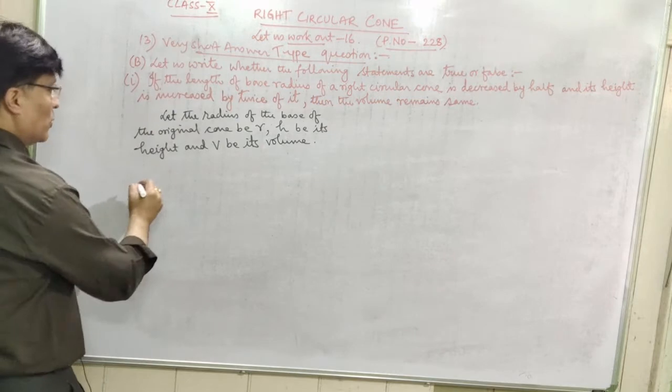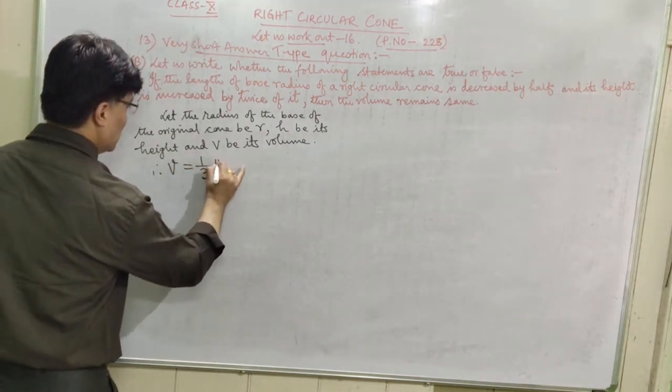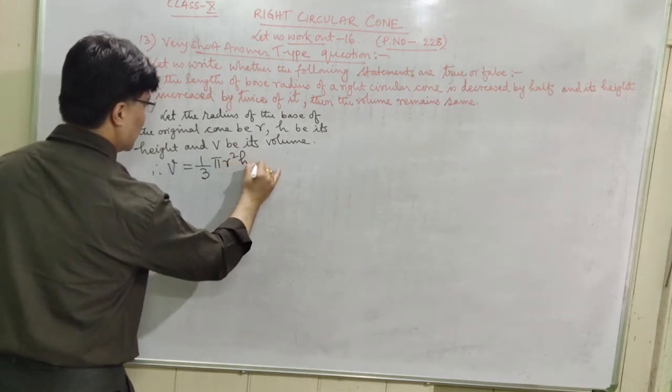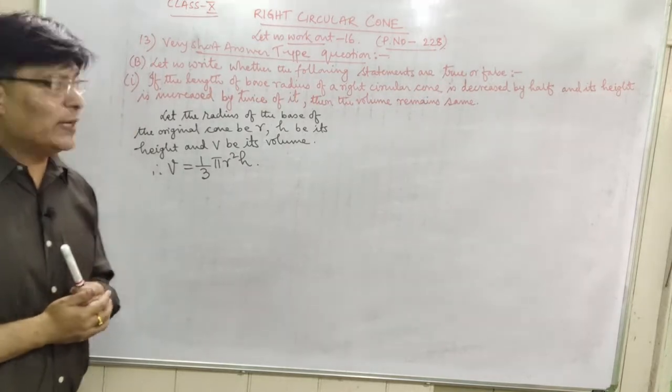Okay, so what is the formula for volume? V is equal to 1/3 pi r square h. So the volume of the original cone is 1/3 pi r square h.